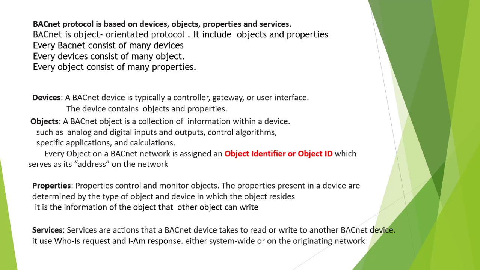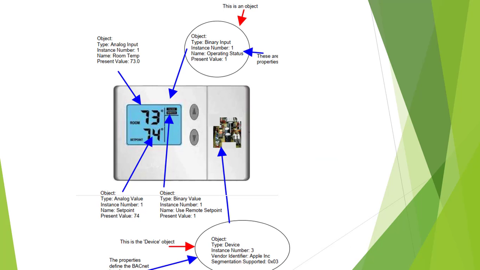Okay, this is the object. Temperature control. This is device communication. It describes how to communicate using BACnet, and how to communicate the property. This object is room temperature.